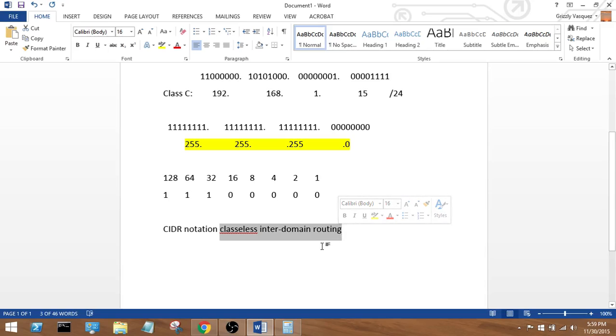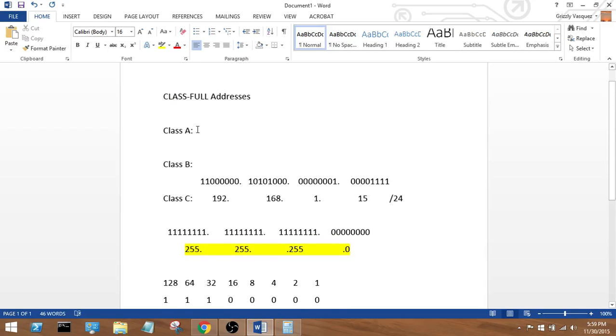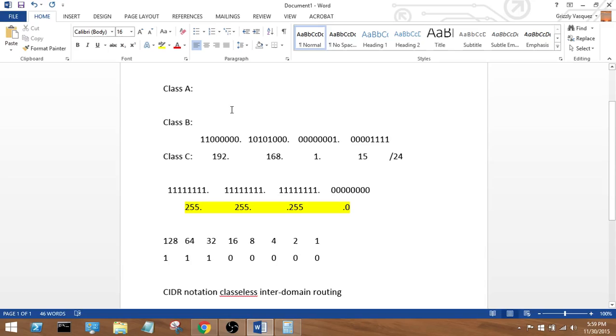And basically what that is, it's going to be the opposite of having a class. So this is class A, class B, and class C. Class A is defined as being a /8, right? So only the first octet is turned on. So your subnet mask would be 255.0.0.0.